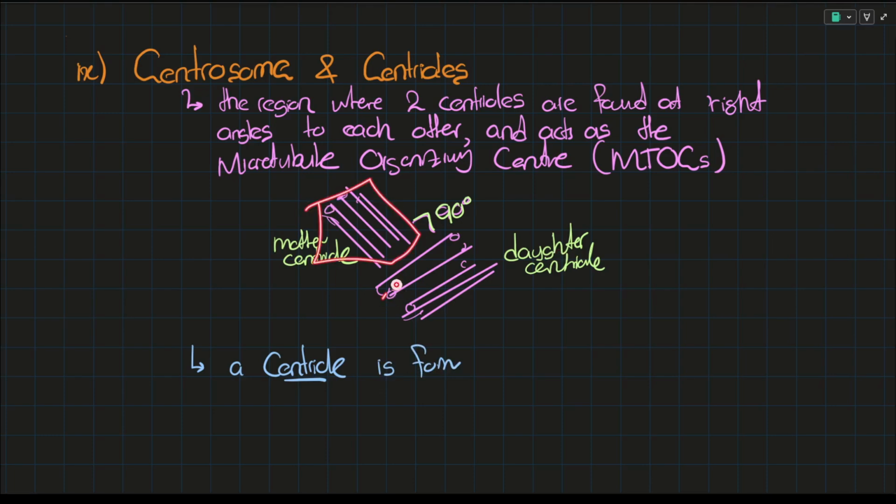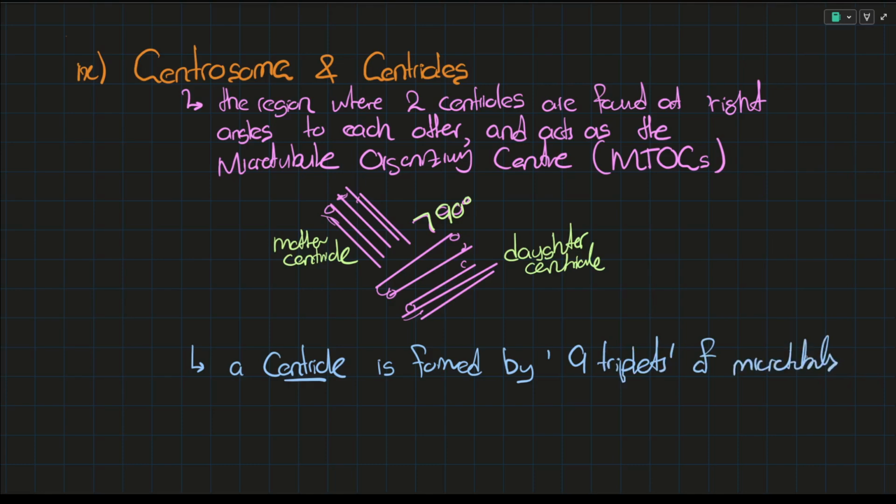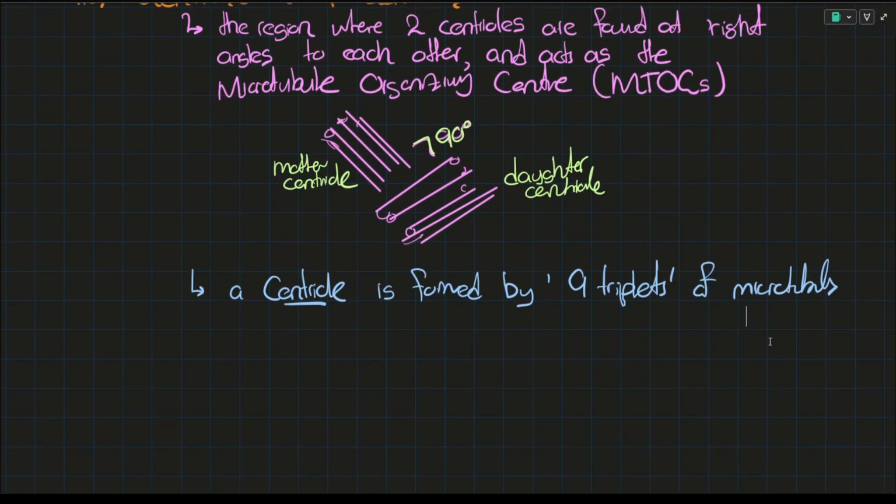This is a centriole, this is a centriole. So a centriole is formed by 9 triplets of microtubules. What on earth does that mean?